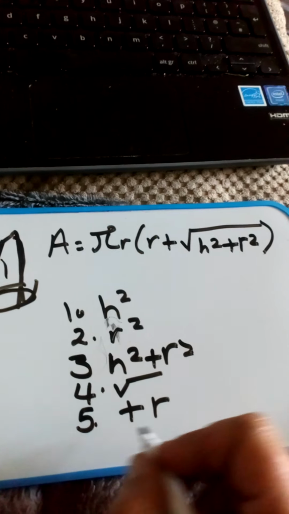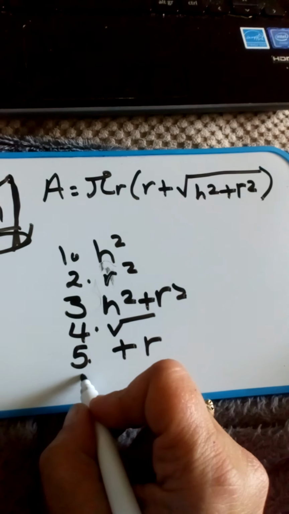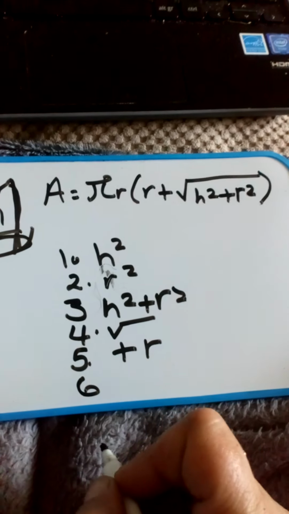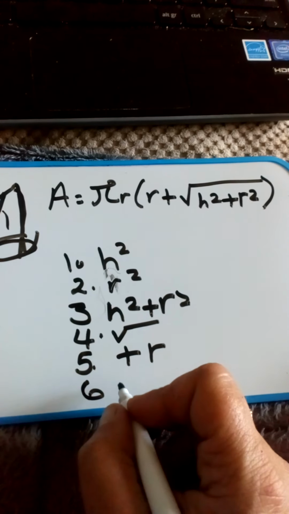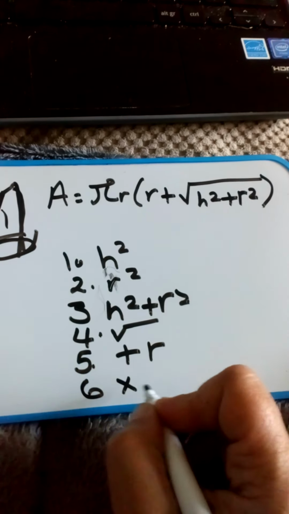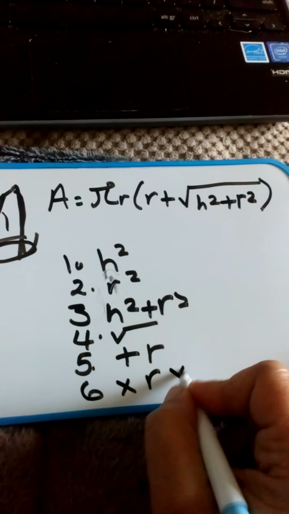Okay, and then step 6 would be multiply it by the radius, multiply it by pi.